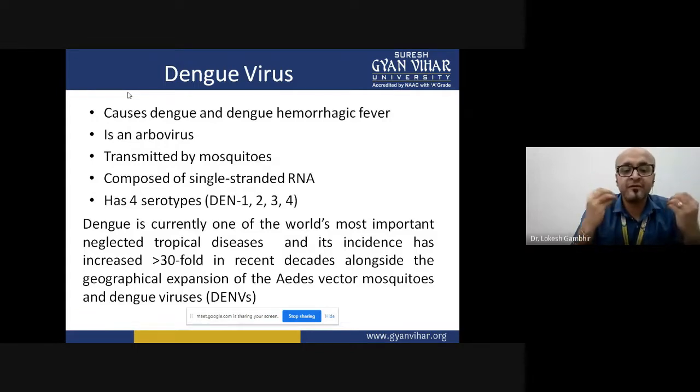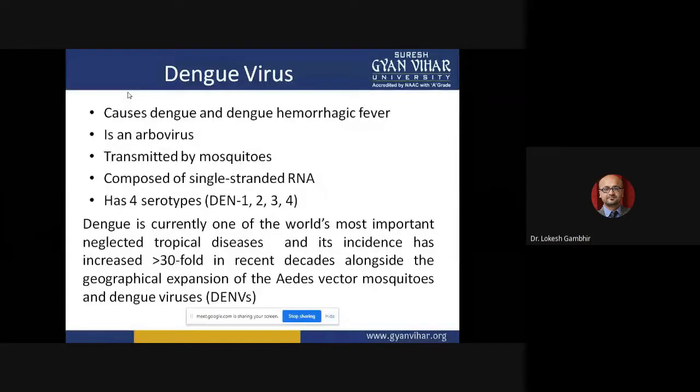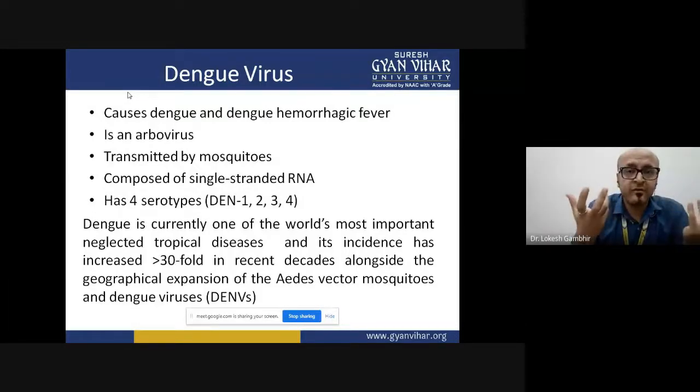Globally, if you look at the epidemiological studies, they clearly narrate that dengue is one of the top 10 tropical diseases that we should never neglect. And in the past decade, the incidence of dengue virus has grown exponentially.